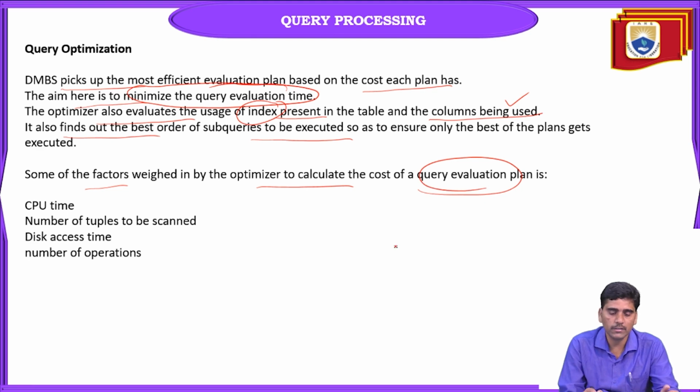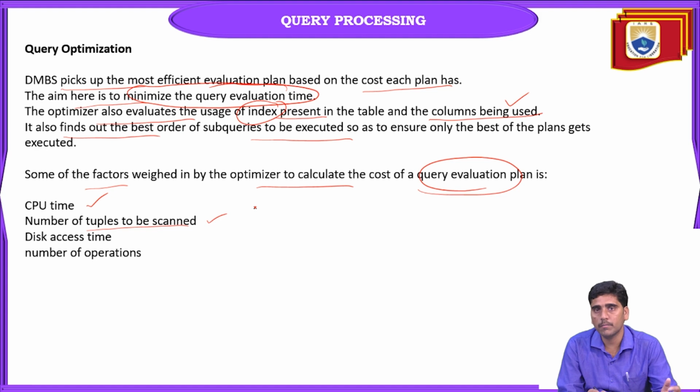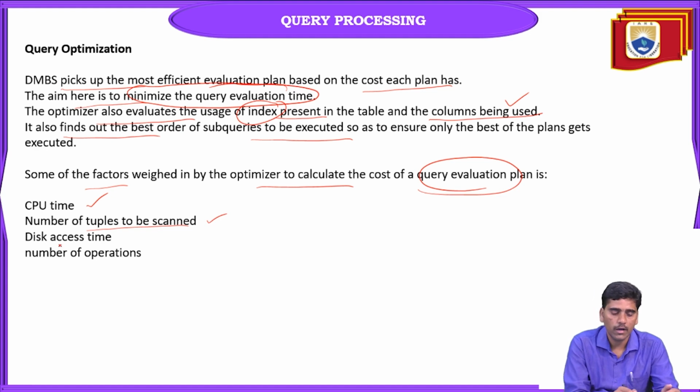so what are the factors weighed for query optimization? CPU time, that is how much time the CPU will be given to complete the process, the number of tuples to be scanned, disk access time, and the number of operations performed, the number of read or write operations to be performed.